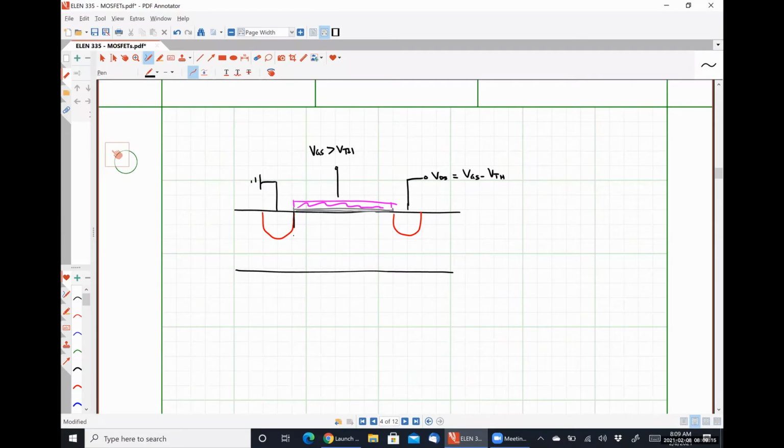So what we should see occur with our charge density distribution as a function of position is something like this, okay? Where this is our X direction. And this condition right here is what's called pinch off.